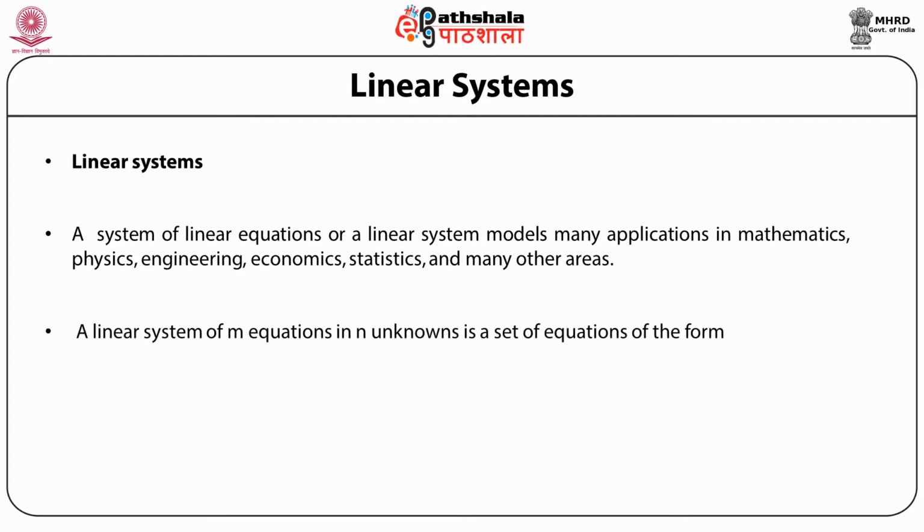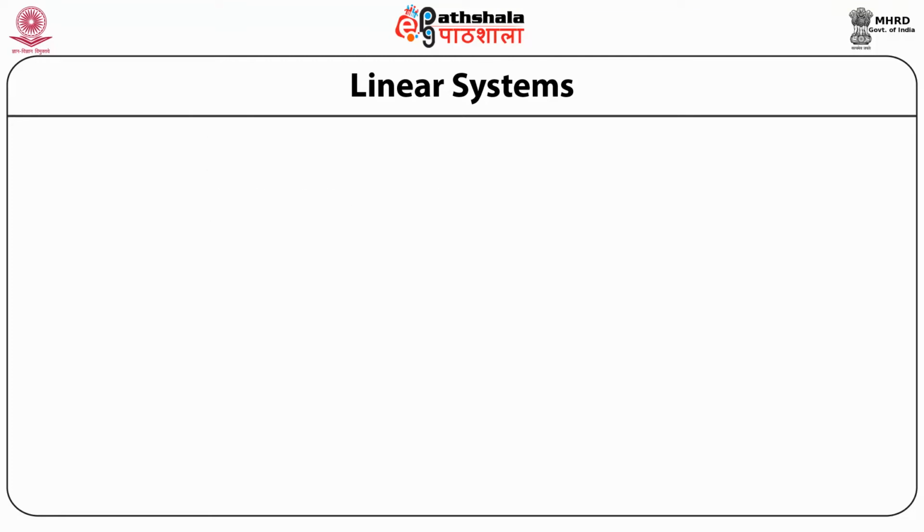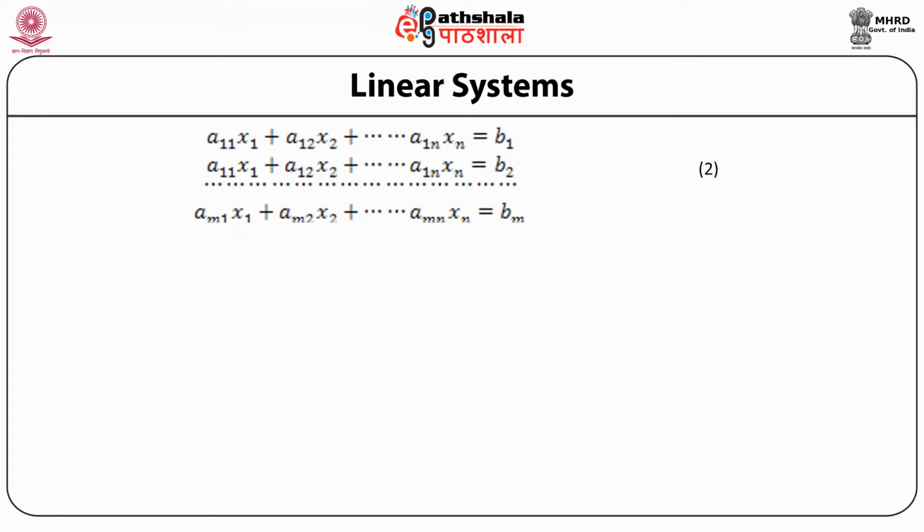A linear system of m equations in n unknowns is a set of equations of the form a11x1 plus a12x2 plus so on till a1n xn is equal to b1, a21 x1 plus a22 x2 plus so on till a2n xn is equal to b2, and in a similar way we can write the equation am1 x1 plus am2 x2 plus so on till amn xn is equal to bm.